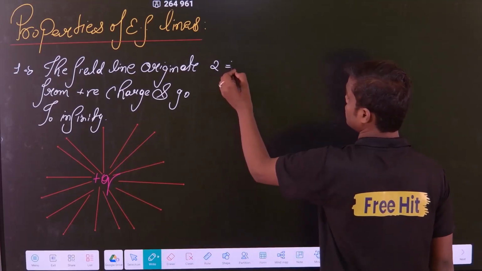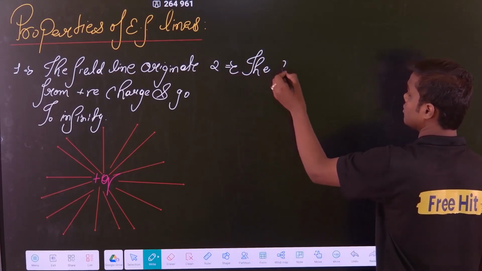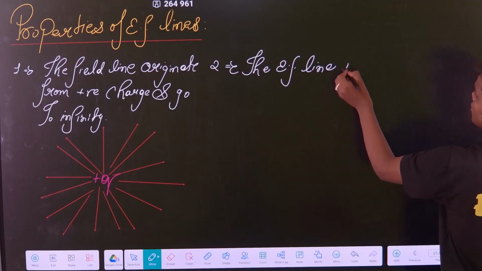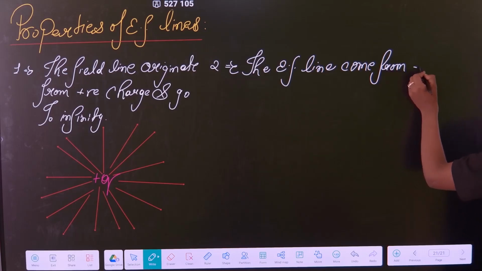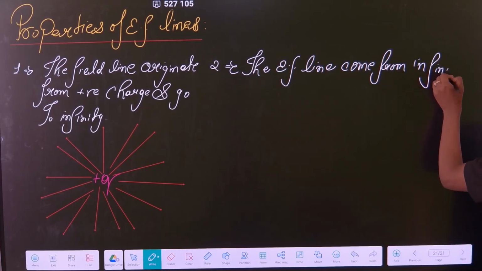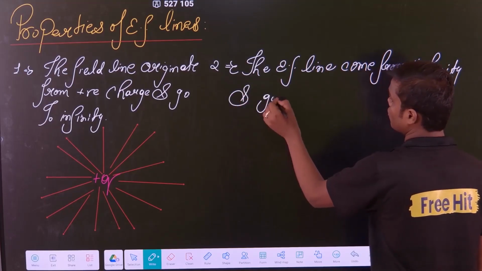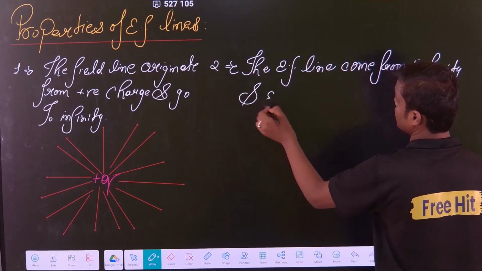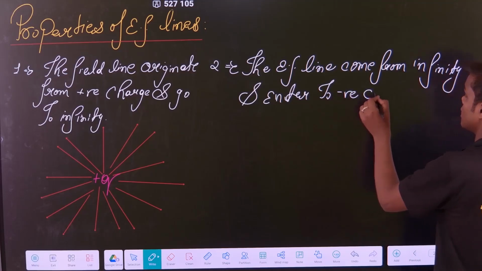What is the second property? The electric field lines come from infinity and enter the negative charge.